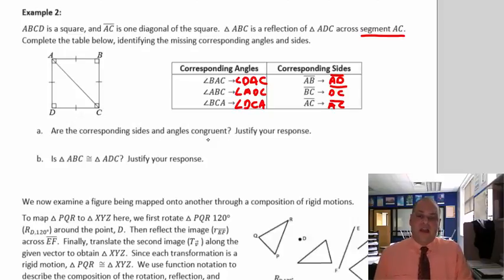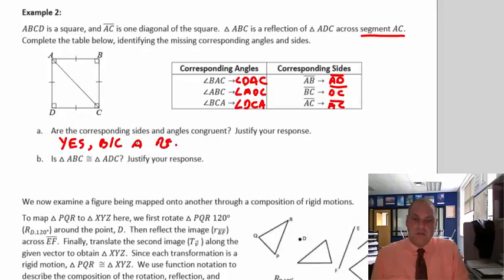So are the corresponding sides and angles congruent? Are these all congruent? Could I put a congruent sign in between there? Of course I could, because it's a reflection. So yes, because a reflection is a rigid motion.